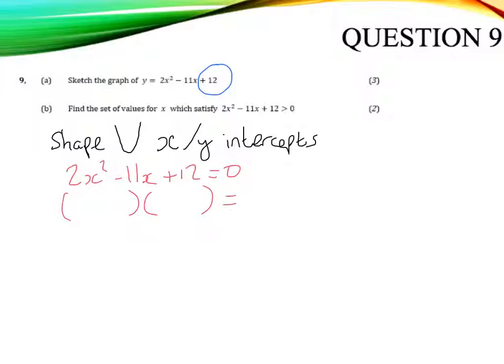Stick it into some brackets. Hopefully this is going to work first time. We're going to get a 2x and an x, and what we're doing is thinking of numbers that multiply together to give positive 12. I'm thinking either 3 and 2 or 3 and 4 or 6 and 2. I'm trying to make 11 as well.